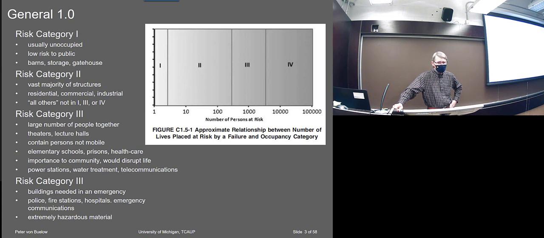Category 2 is almost everything else that's not in the other three categories, so residential, commercial, industrial, most buildings. Category 3 are buildings that house a lot of people, so movie theaters, big lecture halls like our buildings across the street maybe.